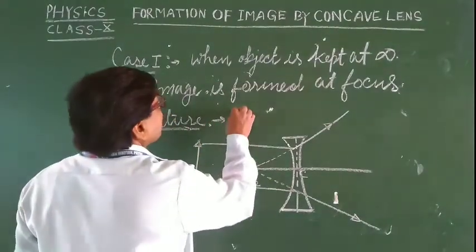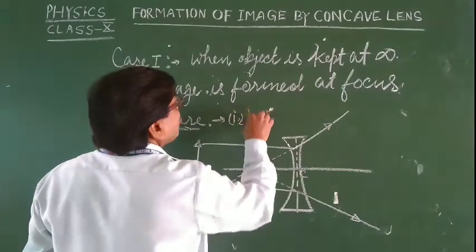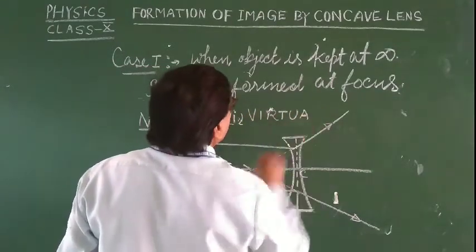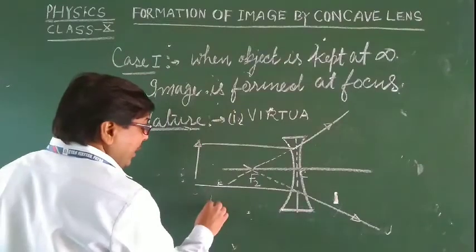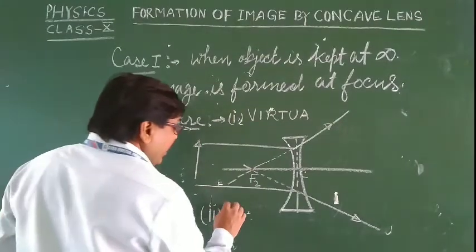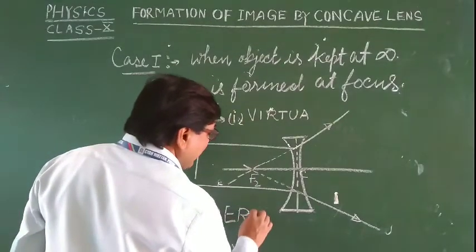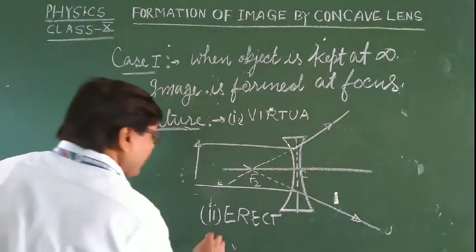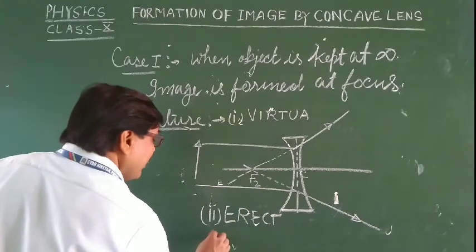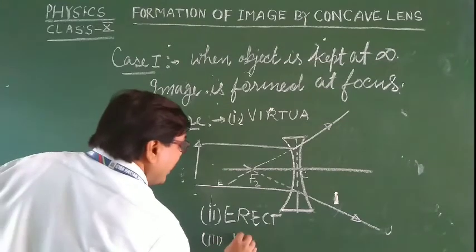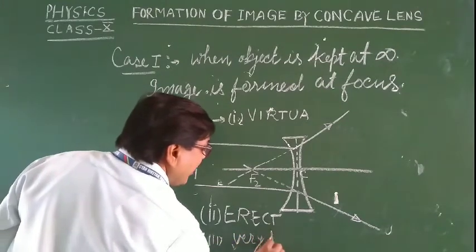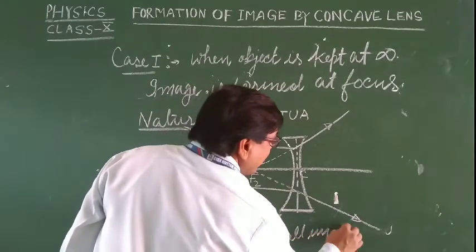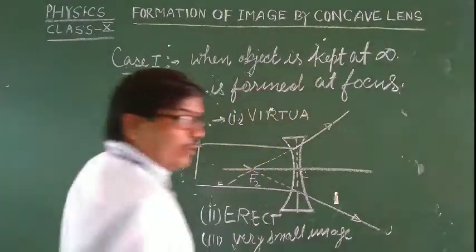So, first, the nature is a virtual image. Second, an erect image. These are the characteristics. And third, a very small image will be formed.